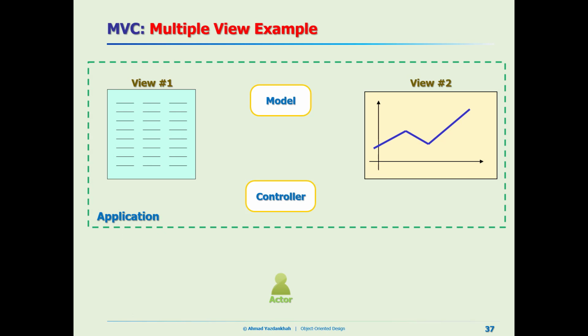All right. So here is another example to show you that we can have multiple views from the same data. Here we have, let's say, a pie chart or a chart or something. Here we have another kind of view, let's say tabular data. So the user will interact again with the controller.